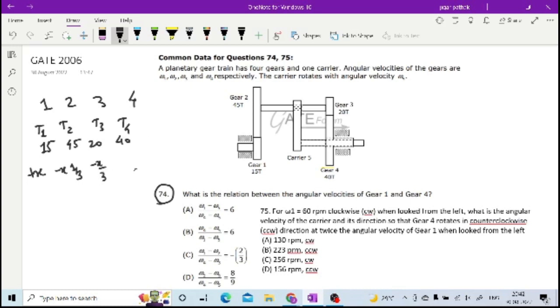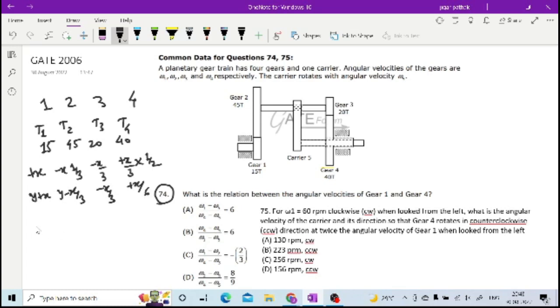When it transfers to gear 4, the sign changes because again it is an external gear, so plus x by 3 into again driver upon driven, that is 20 by 40, that is 1 by 2. Now if you add this y to all of these, then y plus x, y minus x by 3, y minus x by 3, and here y plus x by 6.